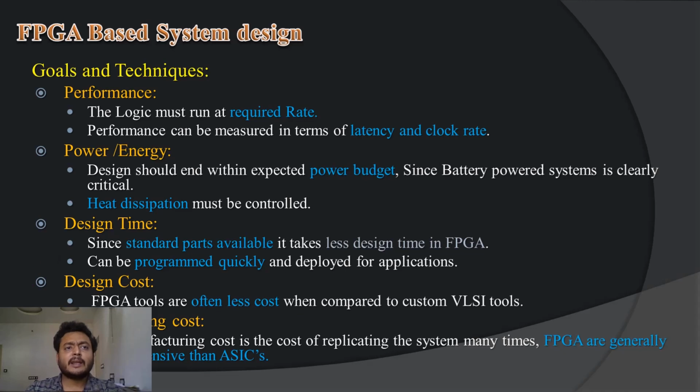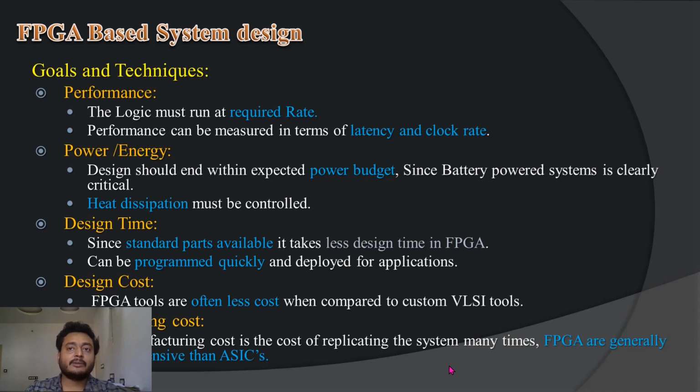And the last point is manufacturing cost. When you make your design, FPGAs can generally be more expensive. When you want to buy a particular FPGA kit, it will be very costly.